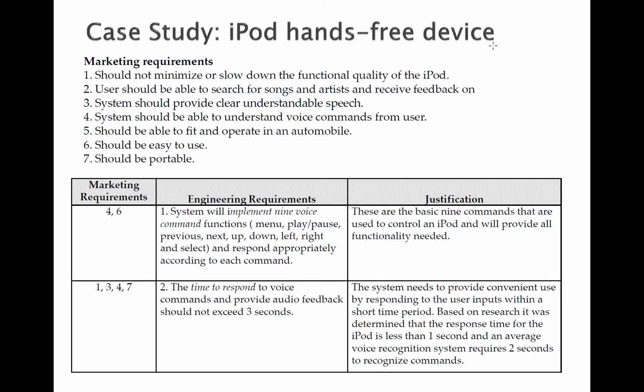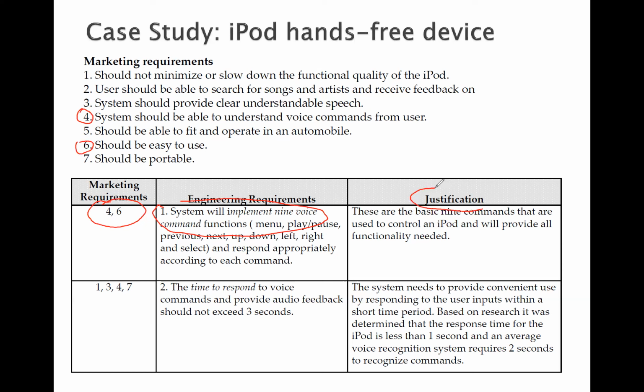In the table, you can see the list of the engineering requirements, and each is somehow targeting a marketing requirement. So, for example, this engineering requirement is traceable to marketing requirements, and it targets marketing requirements 4 and 6.